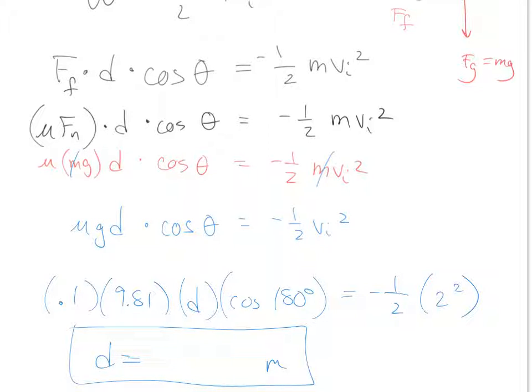What do we got? What's an answer here? 2.04. 2.04 approximately? Yeah. That's what I got when I did it. So just check your work. 2.04, and the unit is meters.